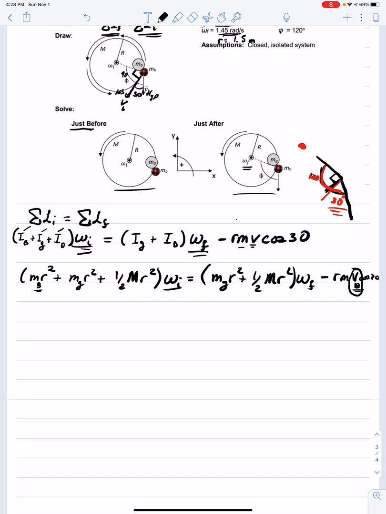I'm not going to do the math for you. This is a lot of math, but the velocity of the ball is equal to, you're already given mass of the ball, mass of the girl, mass of the cylinder or the disc, radius. You're given the initial angular velocity, and you're also given the final angular velocity. So really, all you need to do is plug in the numbers and solve for the final velocity of the ball.